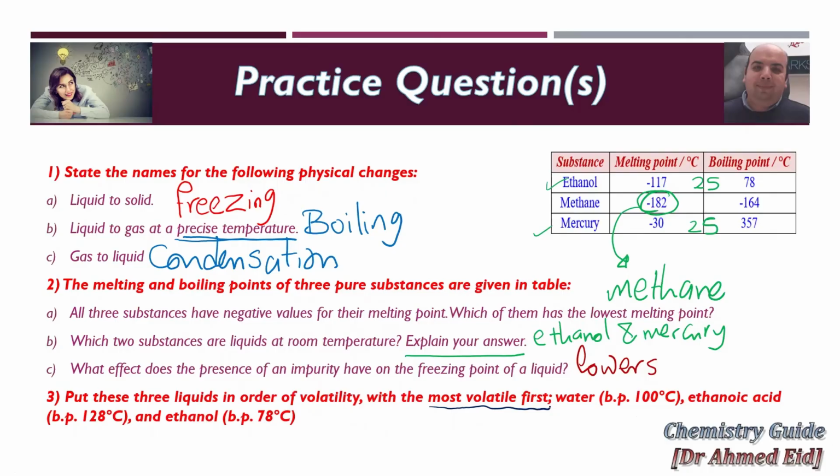We choose the one with the lowest boiling point. The lowest value for boiling point is ethanol, so ethanol is the most volatile, then water, then ethanoic acid. Ethanoic acid is the least volatile liquid.